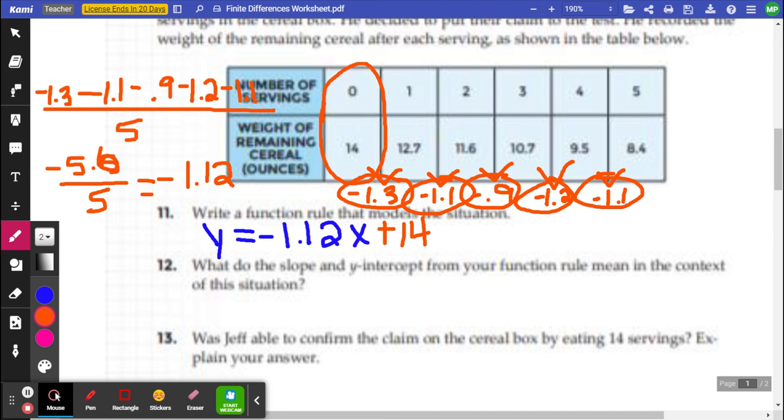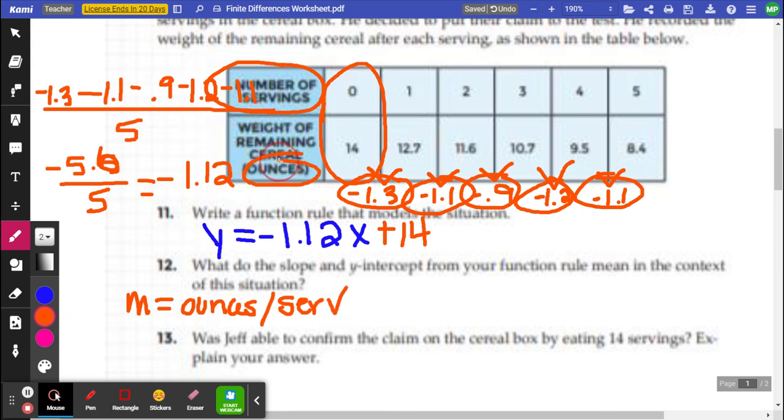So that's how much is in each serving that he pours out of the box, right? So that is ounces per serving. If you would just put what the y is and then put per and then put the x, that's exactly what it is.